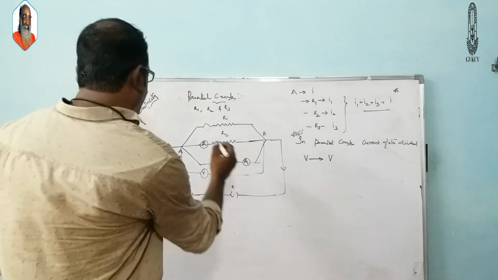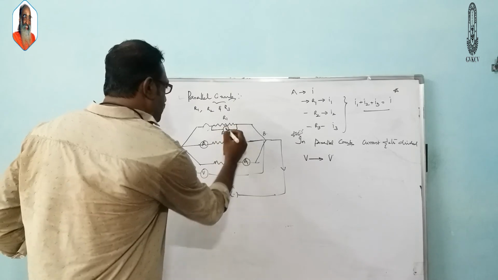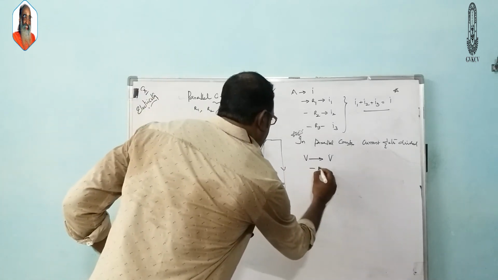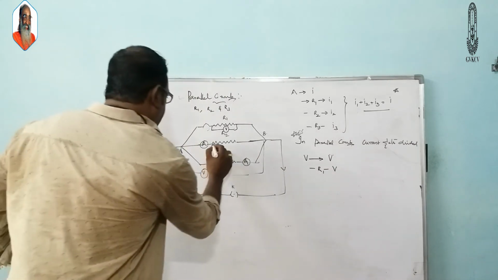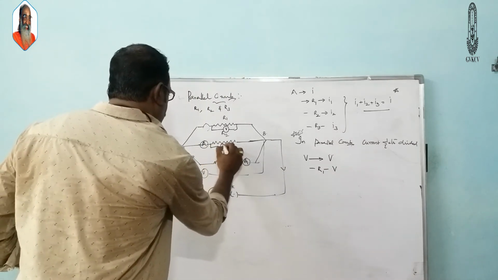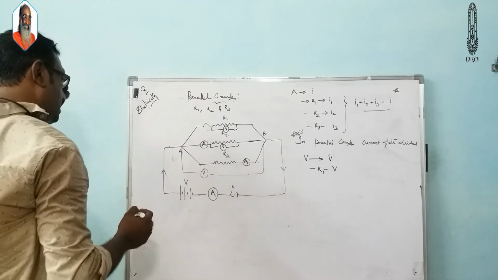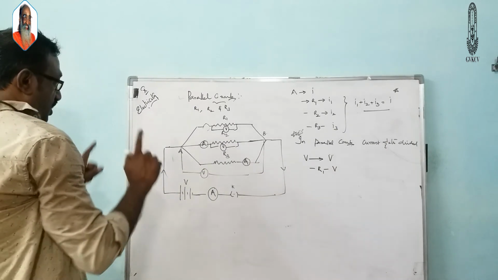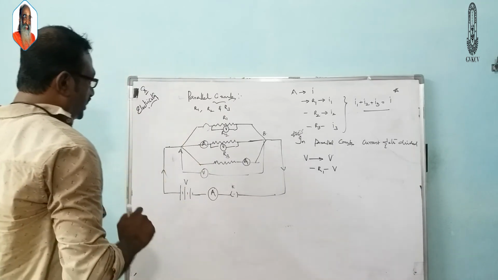Now take the voltmeter at R1, and at R1 we can find the reading as V. And at R2, I think you know how to arrange the voltmeter in the circuit across the ends of the resistances in parallel.